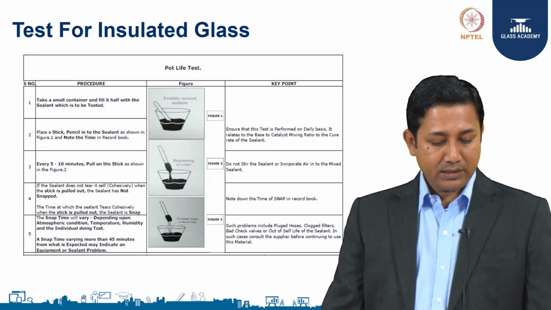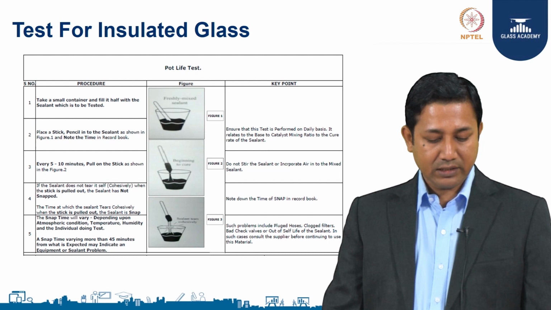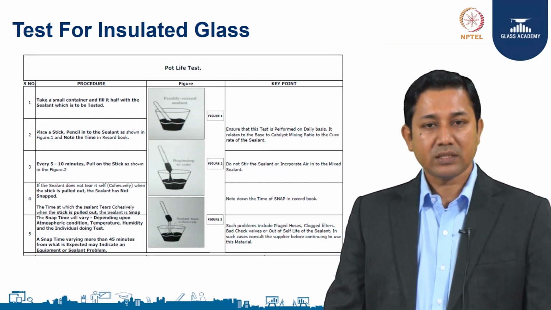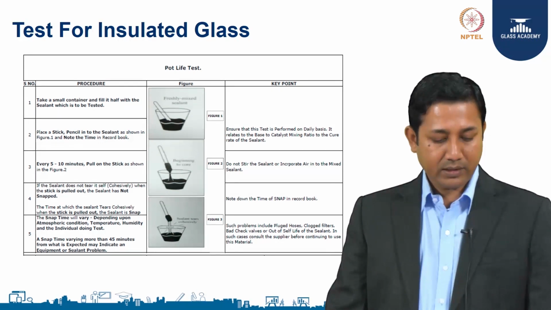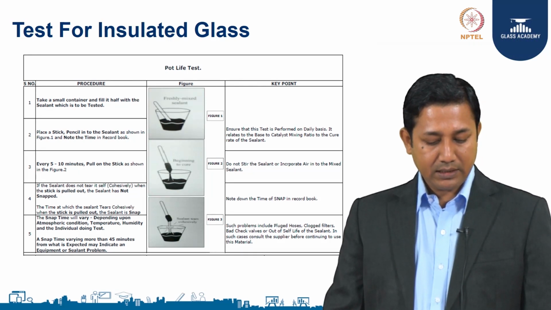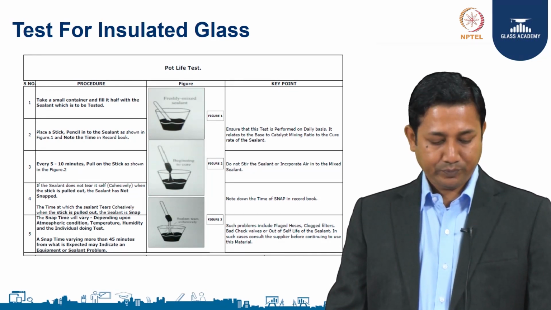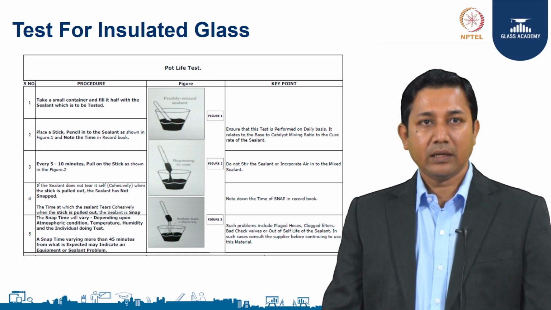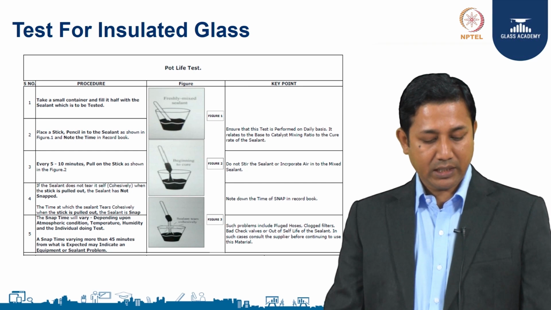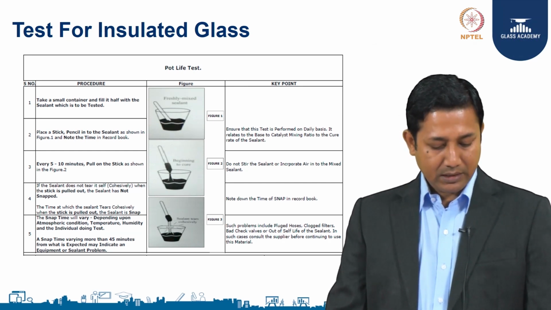If the sealant does not tear itself cohesively when the stick is pulled out, the sealant has not snapped. The time at which the sealant tears cohesively when the stick is pulled out is when the sealant has snapped. The snap time will vary depending on the atmospheric condition, temperature, humidity and the individual doing the test.